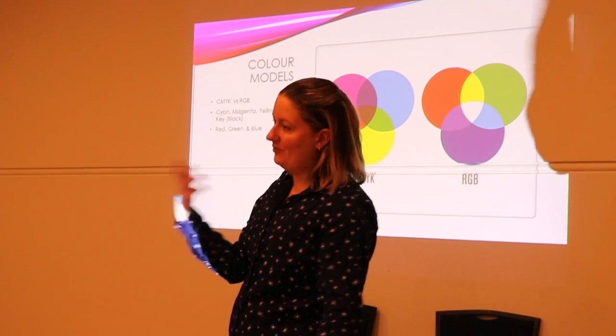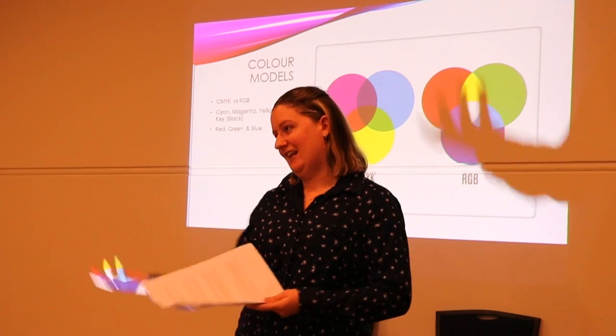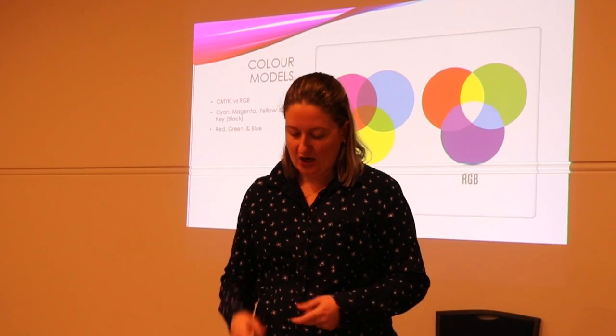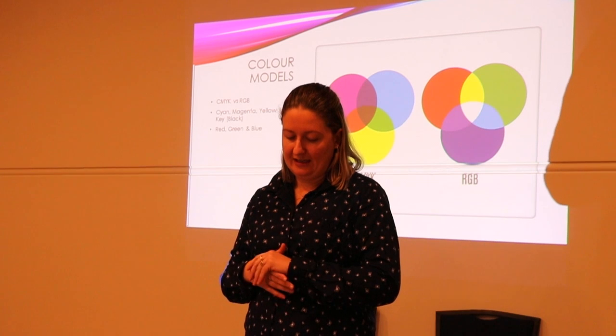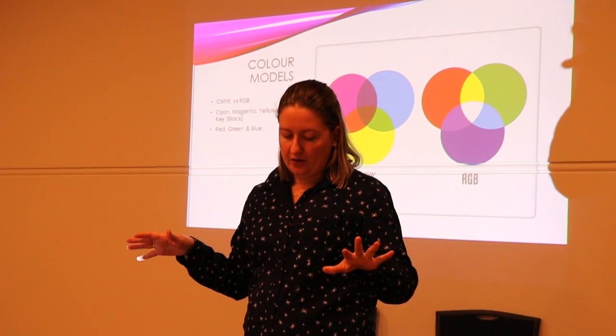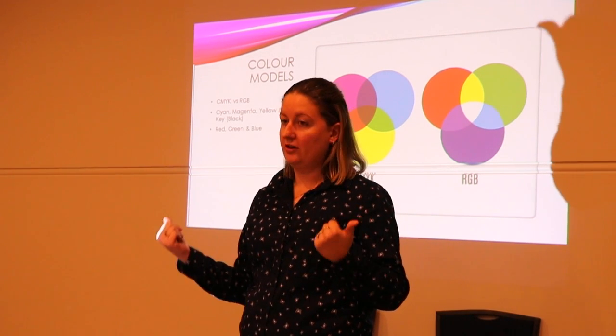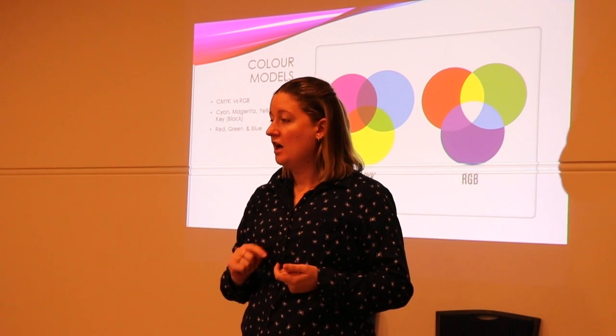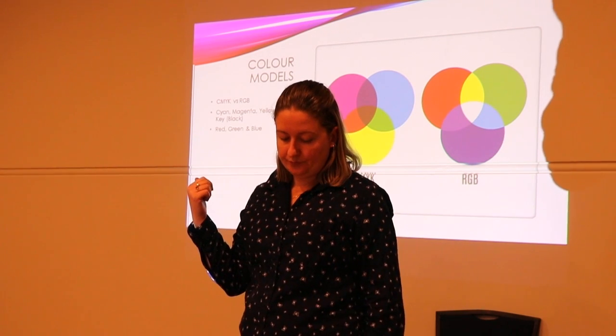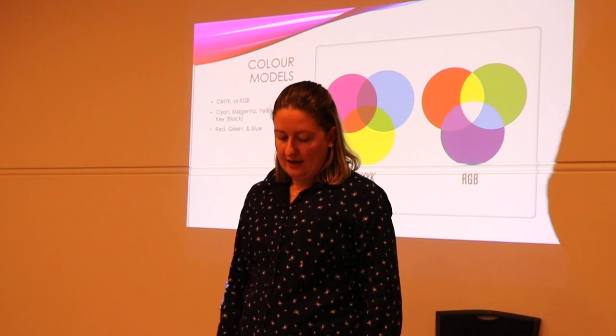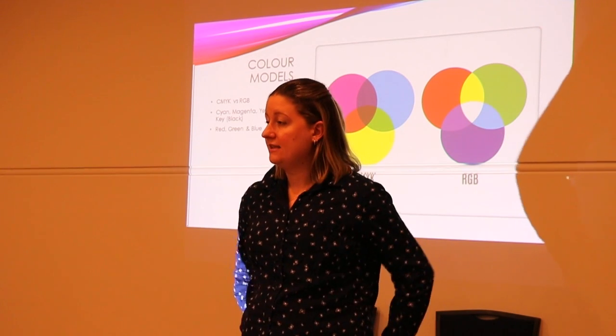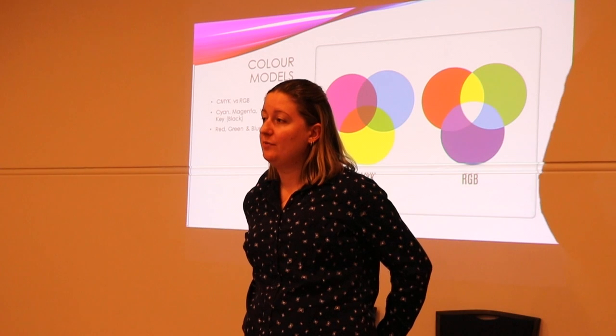It seems a bit like reverse psychology, doesn't it? But that's what they call it, additive colour. So you've got it on computer screens, your phones, your TVs. A lot of cameras and things like that can actually use RGB.